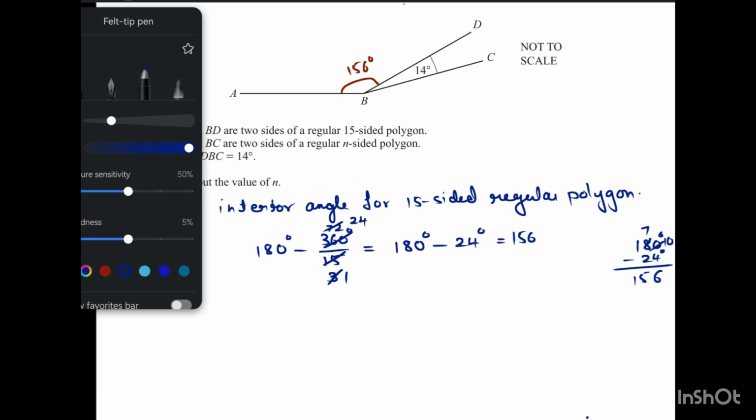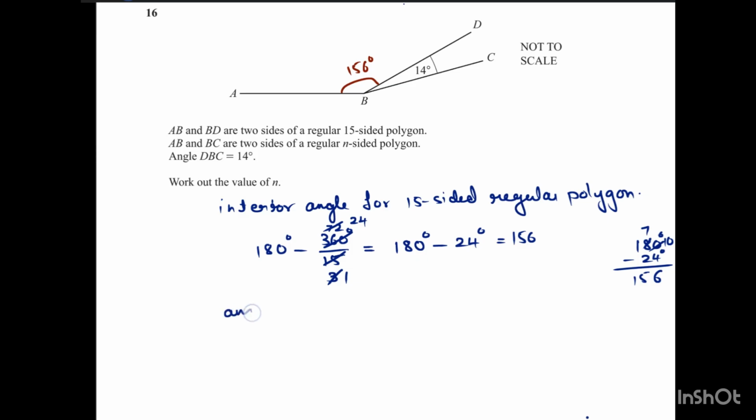Then now we'll find the value of n using this angle. So now we will find angle ABC. Angle ABC is equal to 156 plus 14, which is 170.